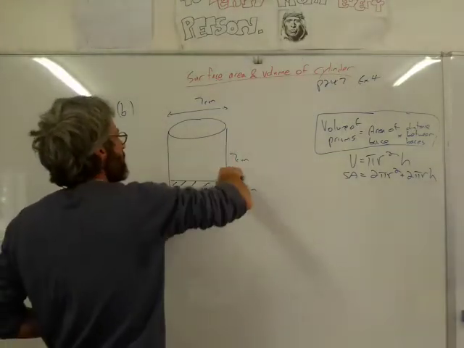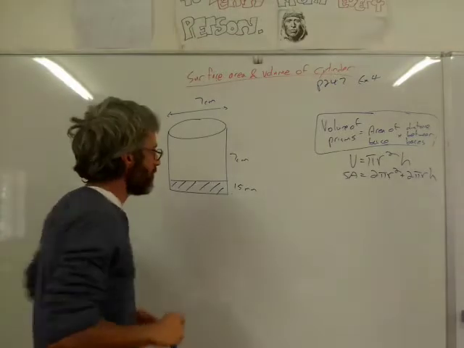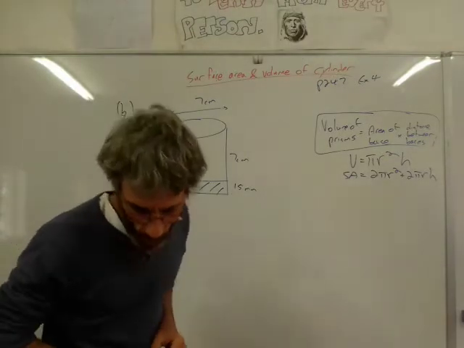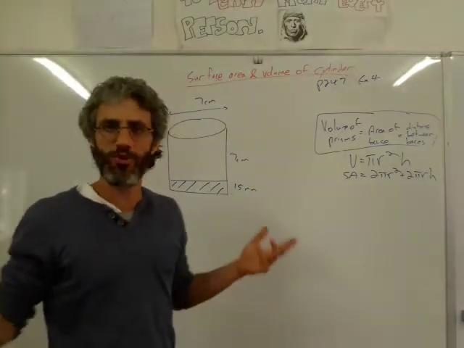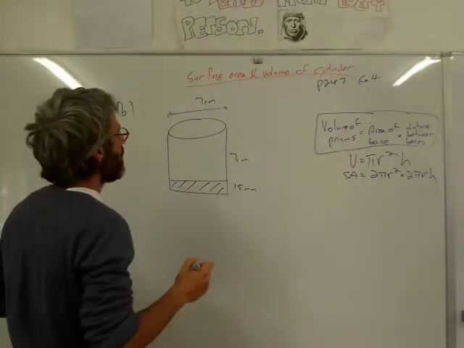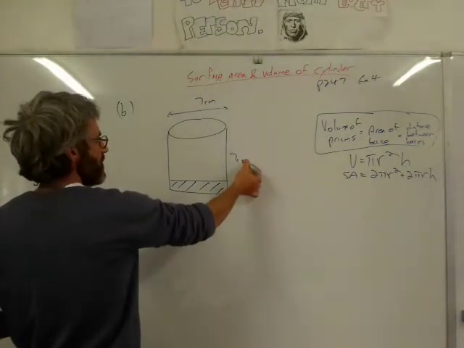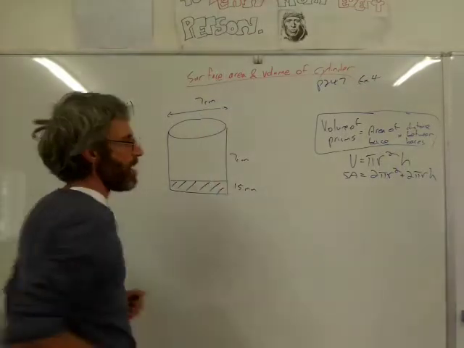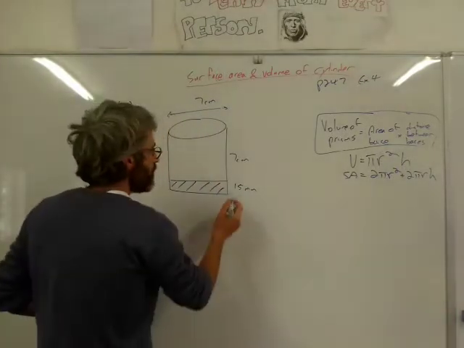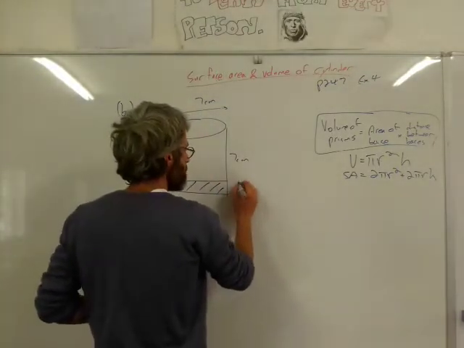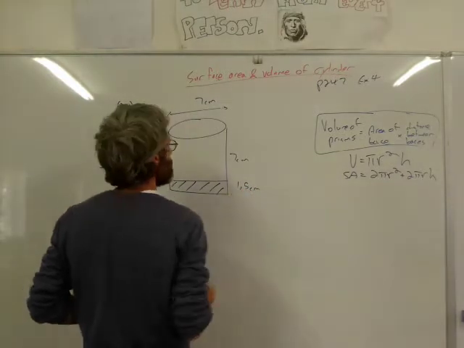We're told this is 7 centimeters. So the first thing they want us to find is the total volume for the drinking glass. Now I've got the answer in centimeters and millimeters, so I might as well work with centimeters. So 15 millimeters divided by 10 is 1.5 centimeters.